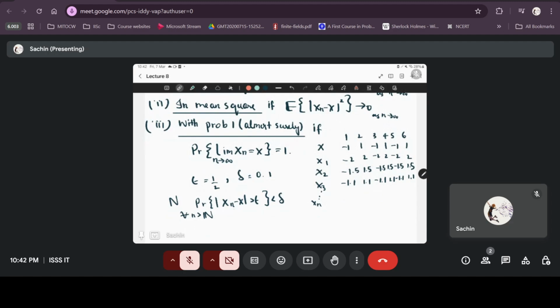You should be able to do it for all values of epsilon and delta which are positive.